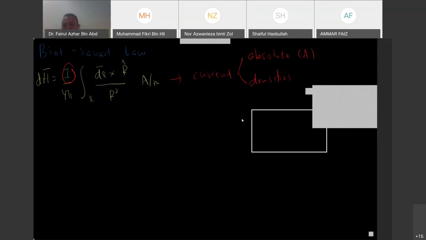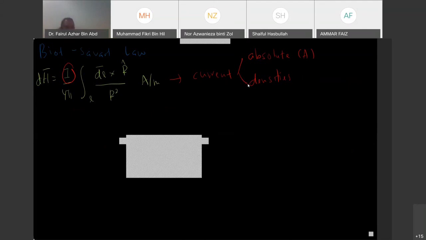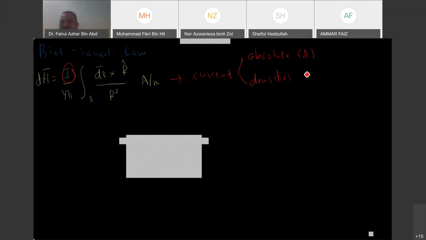So the difference between density value of the current and density value of the charge: density value for the current can be divided into two types. First is surface, represented by the vector Js, with unit ampere per meter squared.